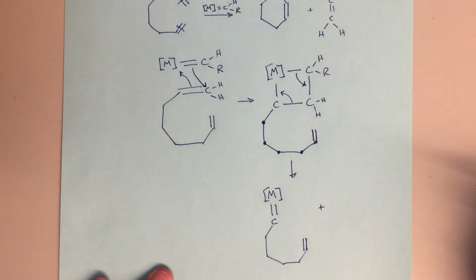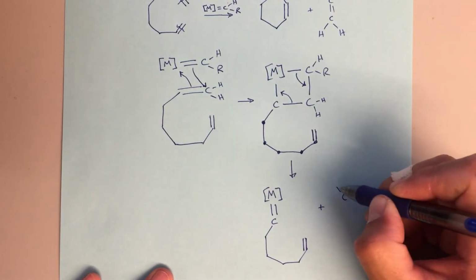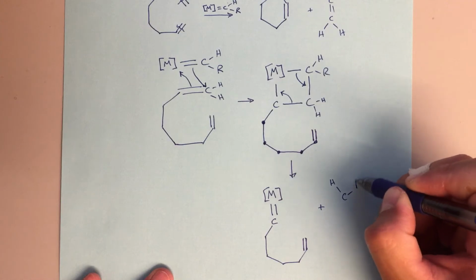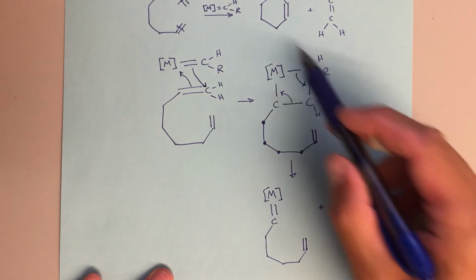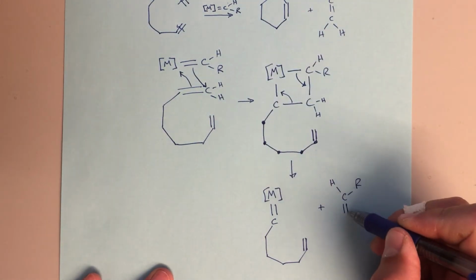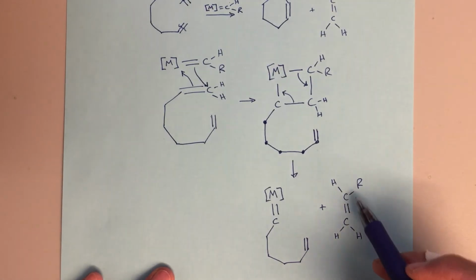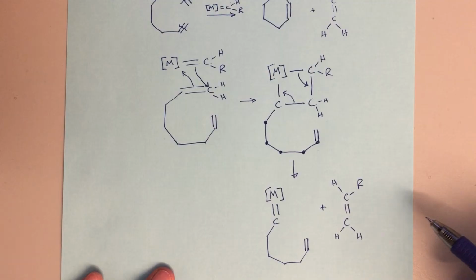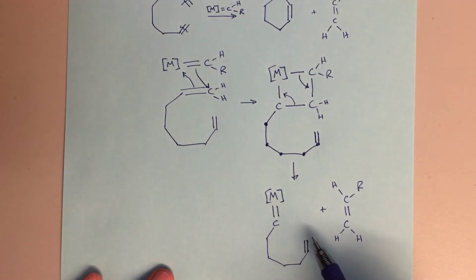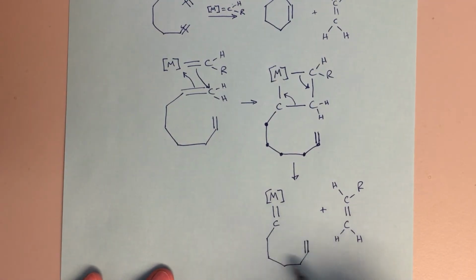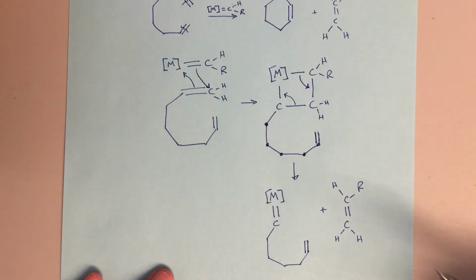And then our other product is going to be CHR. So I've got this R from my metal catalyst, double bonded to CH2. This is the first byproduct of this reaction, and now we've got this new species to deal with.